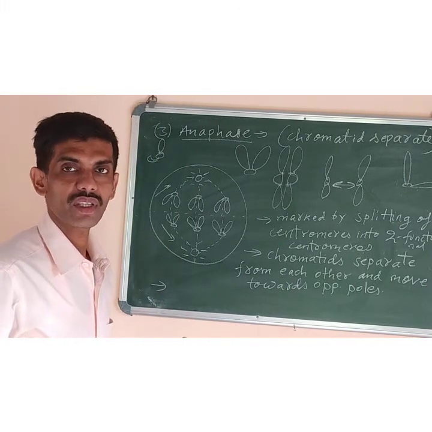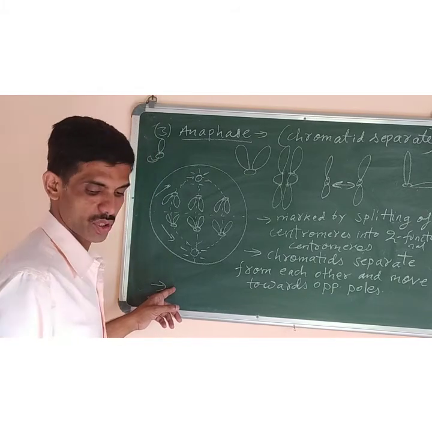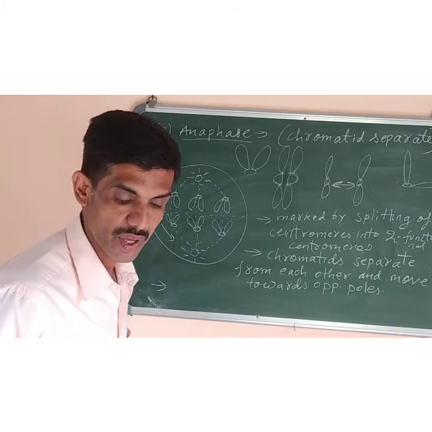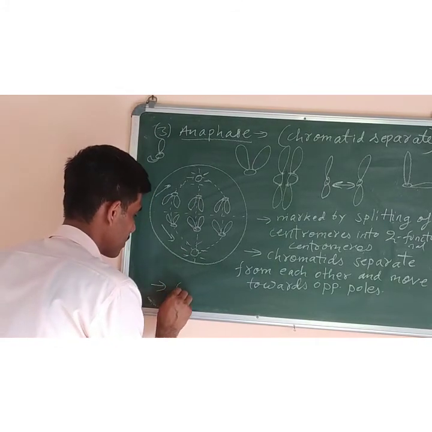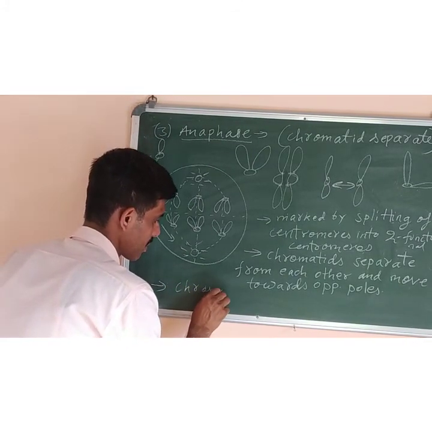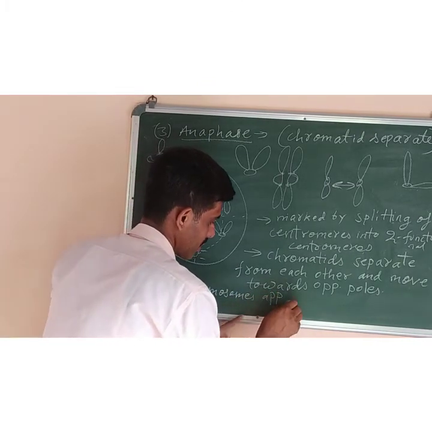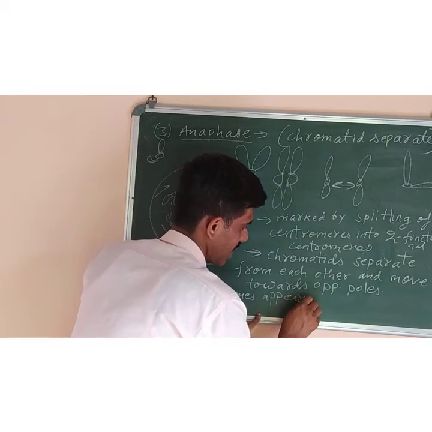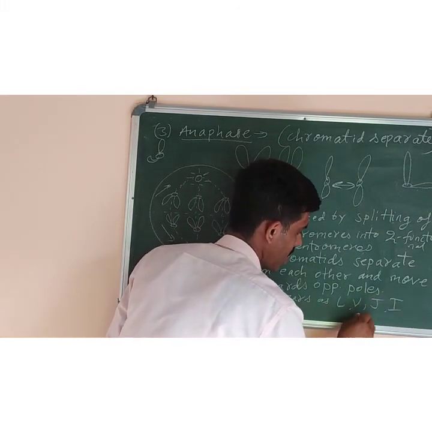So chromosomes are of different shapes depending on the position of the centromere.